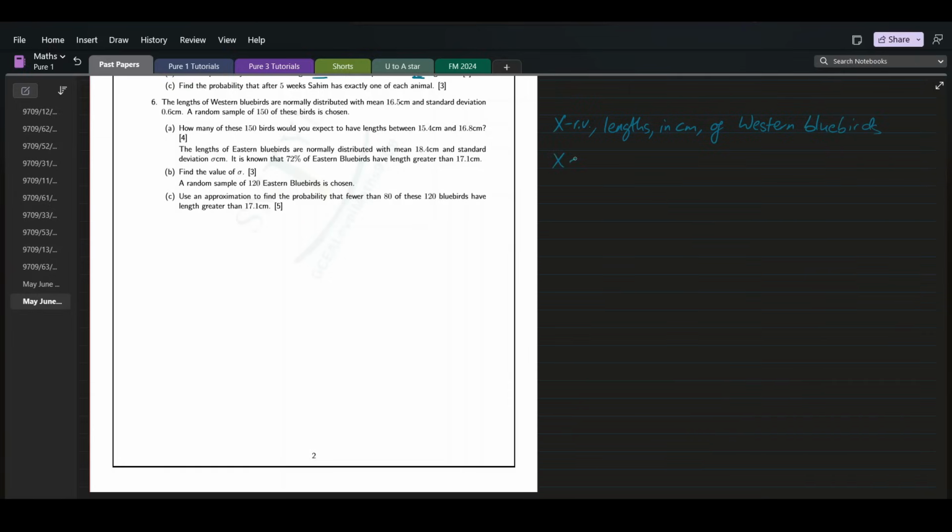And we know that x follows a normal distribution with mean 16.5 and our variance is 0.6 squared, and we want to find the birds with lengths between 15.4 and 16.8 centimeters. So this is 15.4 and then we've got 16.8. So let's standardize. That is 15.4 minus 16.5, and this is over 0.6, which is our standard deviation.